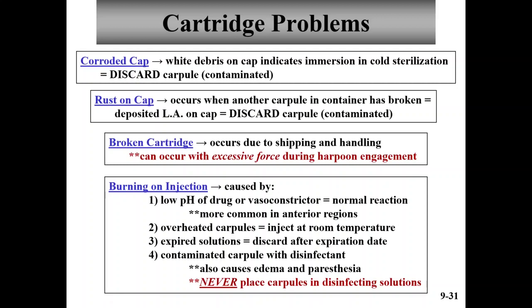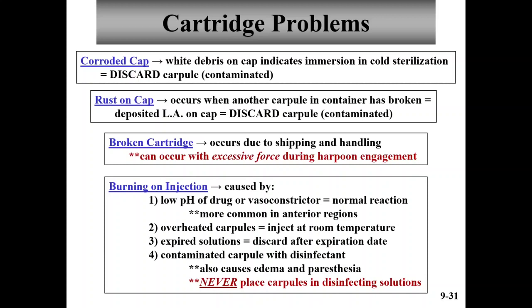Burning on injection can be caused by, and we've already talked about, a low pH, the acidity of the solution, particularly if there's a vasoconstrictor in it, and that's normal, and there isn't anything you can do about that. You tend to be more sensitive in the anterior regions of the mouth, so you're more likely to get burning anteriorly.